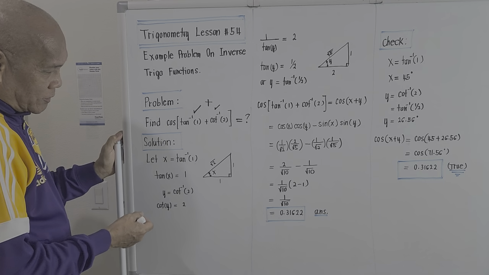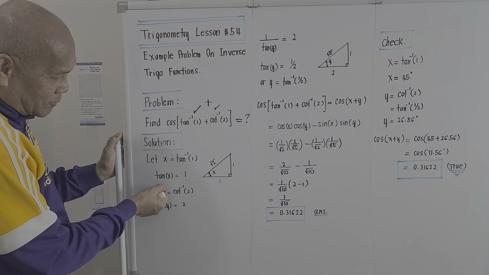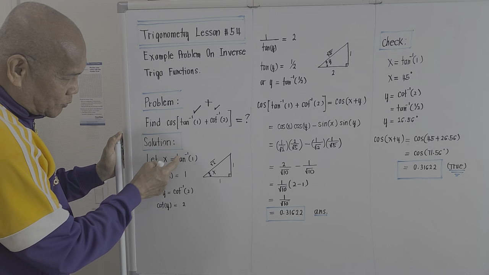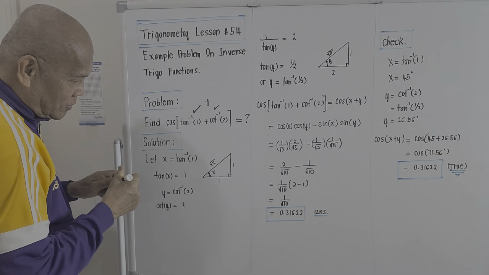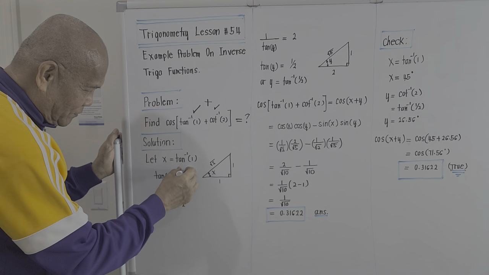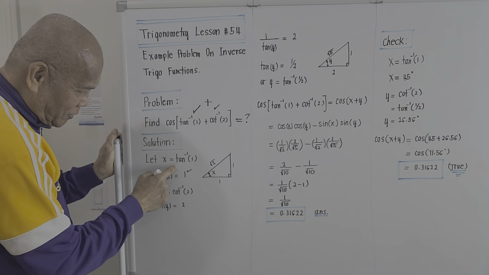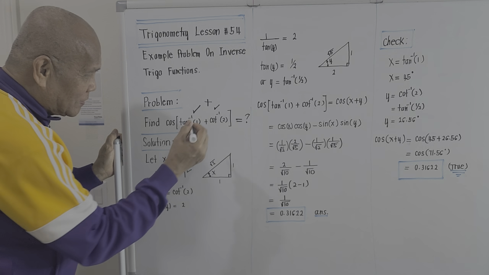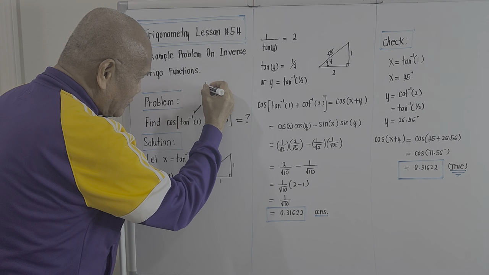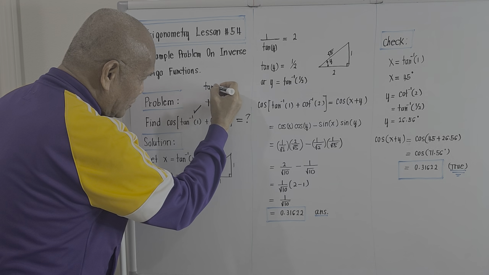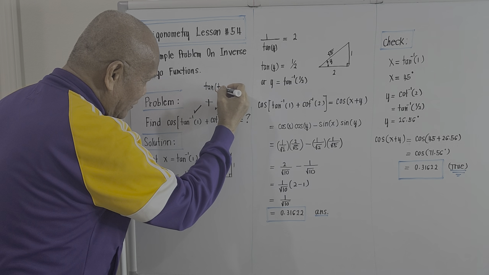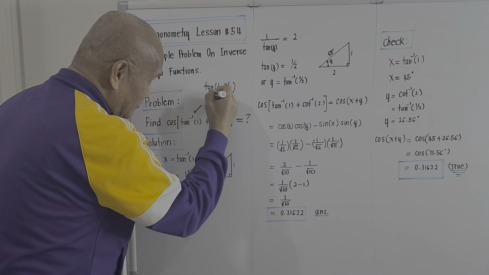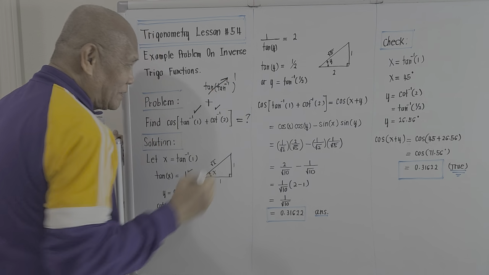Taking the tangent of both sides. The tangent of x will be the tangent of x, and the tangent of the arctangent of 1 will be simply 1. If we try to take the tangent of the right hand side, the tangent function multiplied by tangent to the minus 1 will cancel out to be equal to 1.